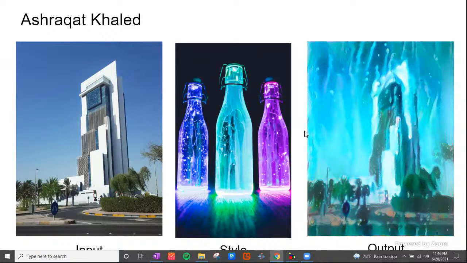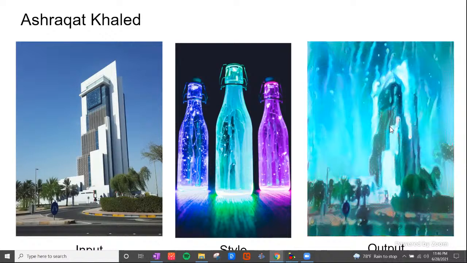But regarding this one, I took an image of a skyscraper here in Abu Dhabi, and I wanted it to look like a mix of something fluid and neon at the same time. So it came out like that, and it actually looks really cool.